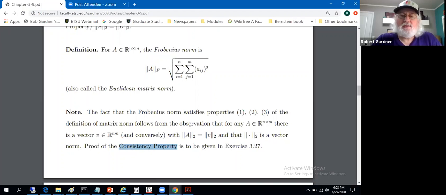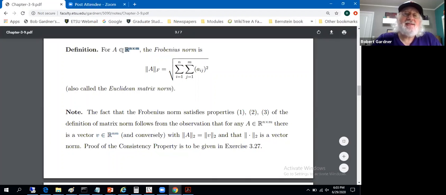The observations we could relate to vectors in Rnm as far as relating to matrices in n by m matrices. So the computations are exactly the same, but the vectors don't address this consistency property where you multiply matrices together, because you don't multiply vectors together.